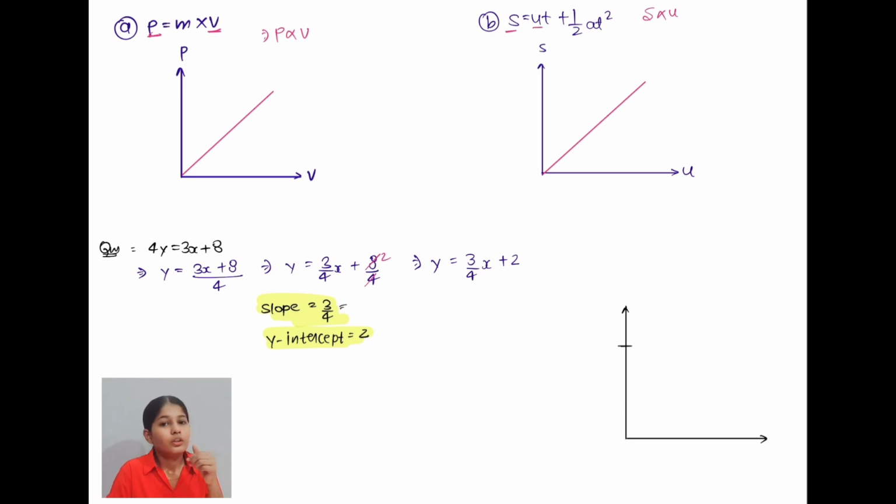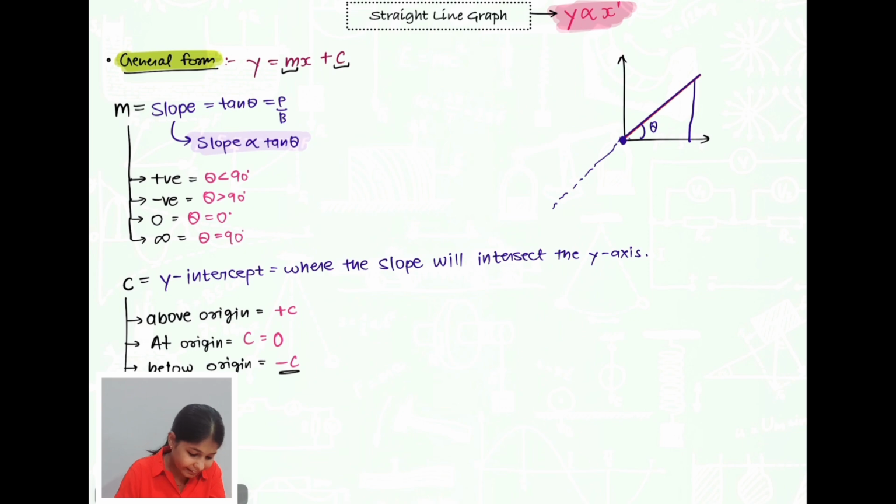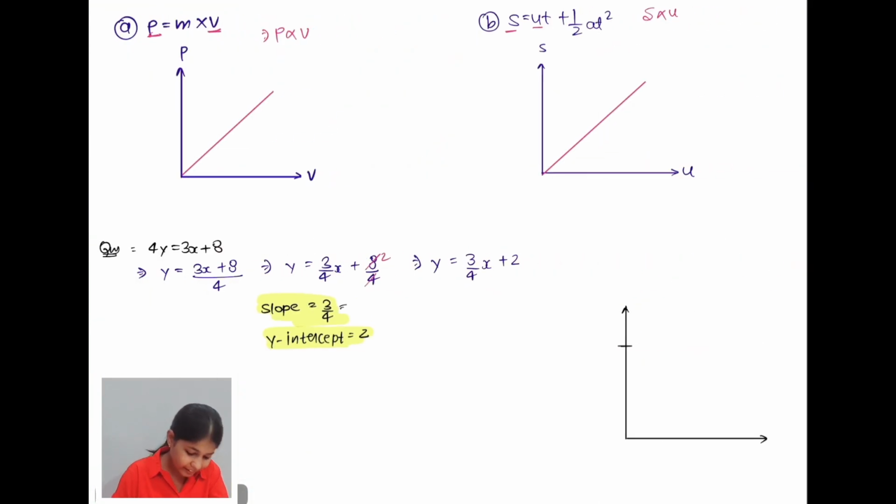So kindly remember, as I have already said, slope is equal to tan theta, and tan theta is equal to P upon B. So 3 by 4. Now forget what 3 by 4 is here, just write tan theta is equal to slope.